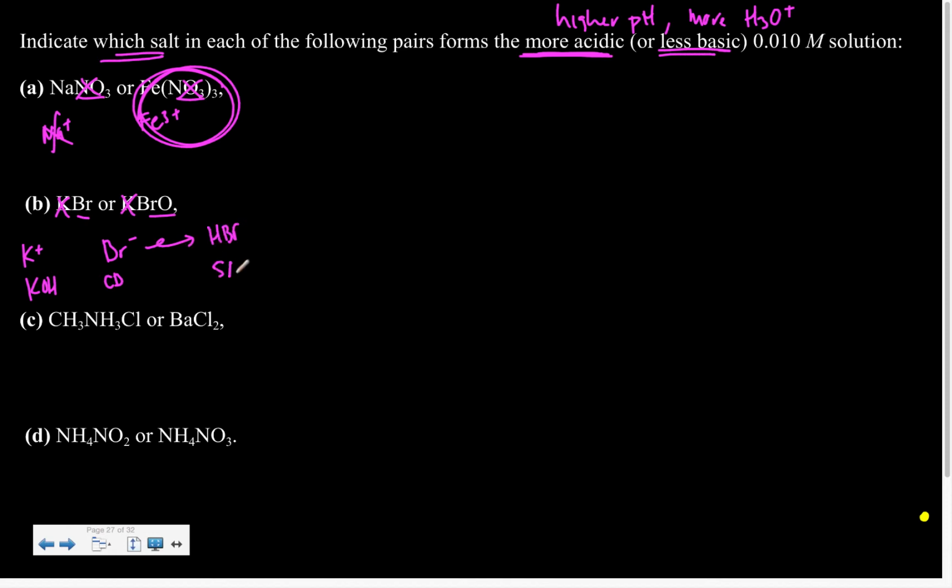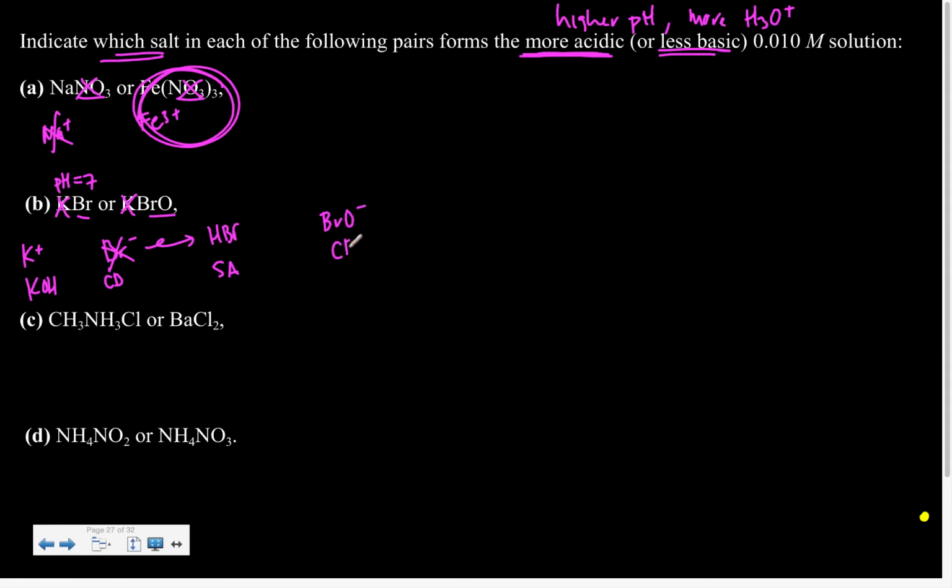HBr is a strong acid, therefore negligible basicity, no tendency to react with water, abstracting protons, creating hydroxide ion. Not what it does, which means this will have a pH of about 7. This one, on the other hand, hypobromite.